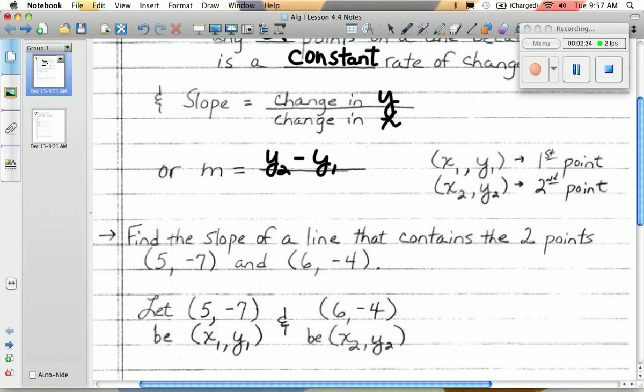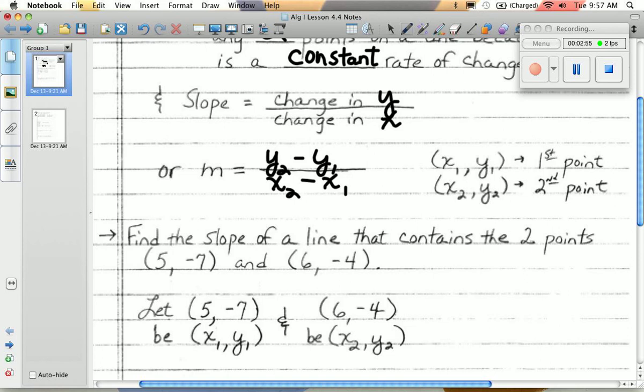It's the y coordinate of one of the 2 points, isn't it? So y sub 2 we could say is the y coordinate of the second point. y sub 1 is the y coordinate of the first point. And each of those points also has an x value, so the point that has the y sub 2 value, we take the x from it and call that x sub 2.